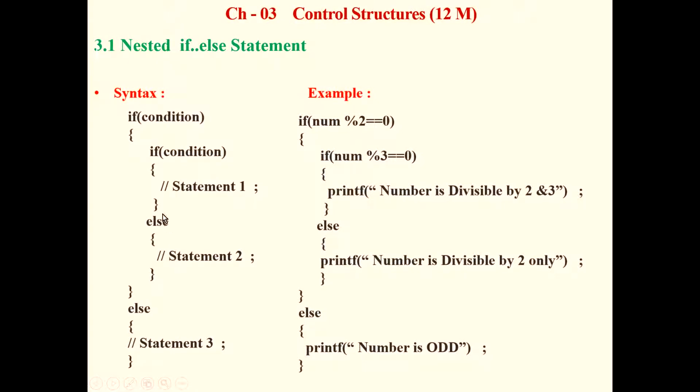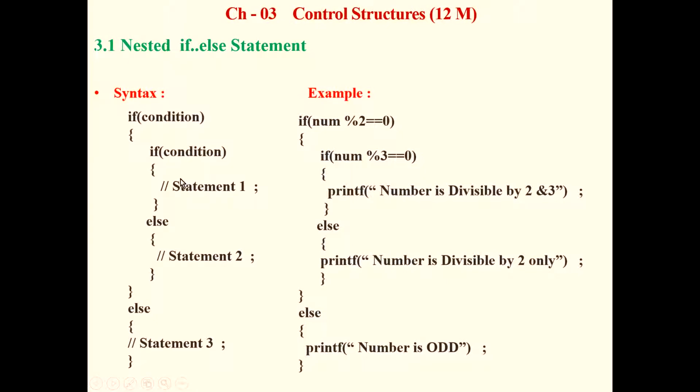How is it executed? If the first condition is true, then it checks the second condition. Now there are two possibilities. If the first condition is true and the second condition is true, in that case statement 1 is executed.